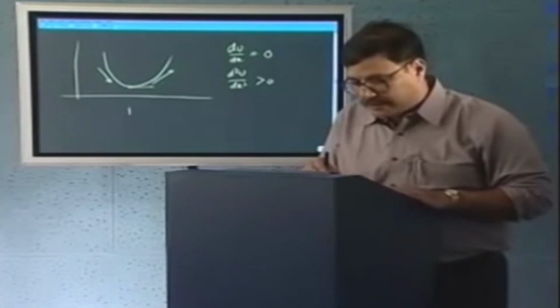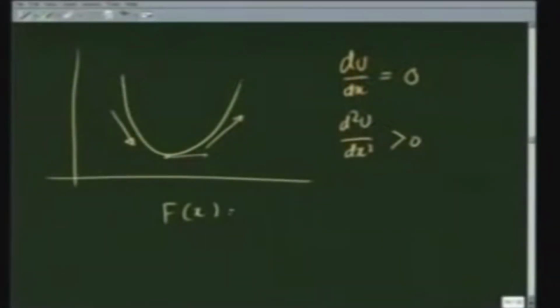Therefore F_x, which is minus du/dx, is going to be less than 0 for x greater than x_min, and greater than 0 for x less than x_min.